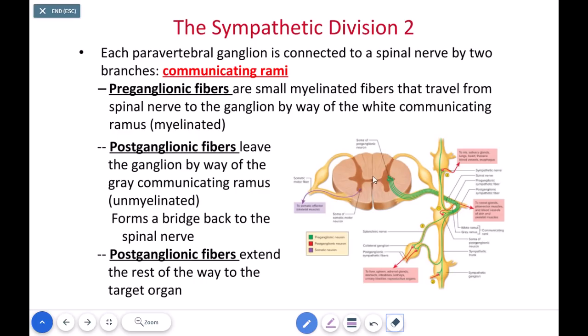So we can have the preganglionic fiber go from the lateral horn of the gray matter through the spinal nerve to the first ganglion, and then it'll either head superiorly or inferiorly and synapse at a separate ganglion that's superior or inferior to the initial ganglion that it entered. From there, after synapsing, the postganglionic fiber will travel directly to the target organ.